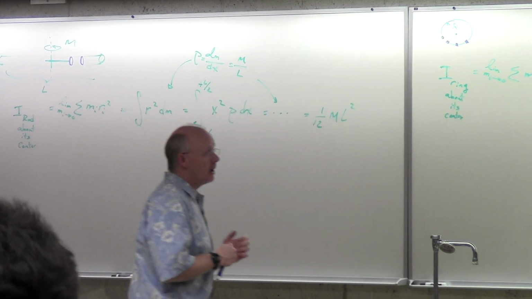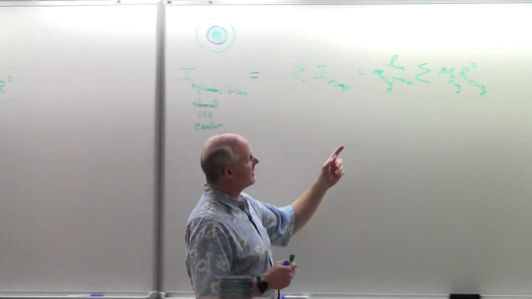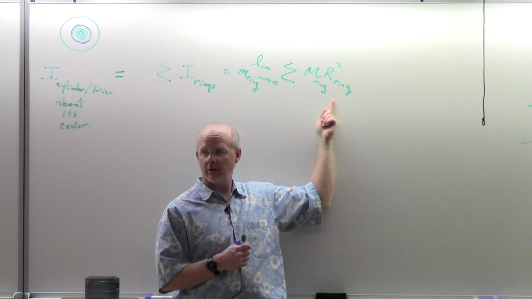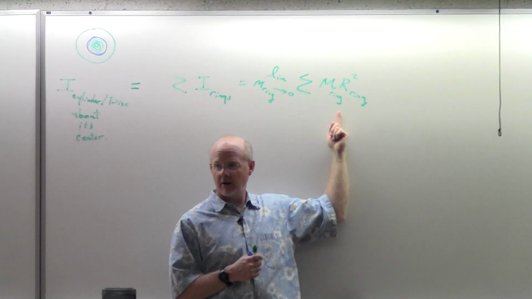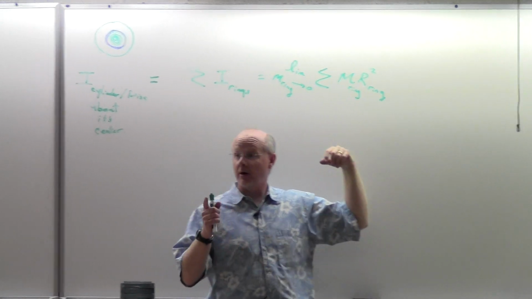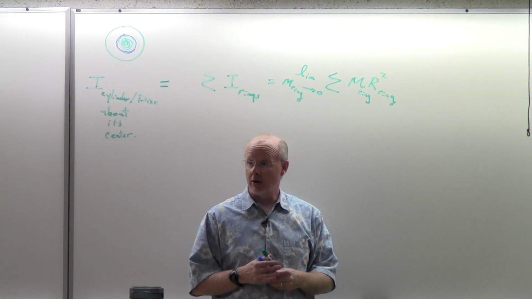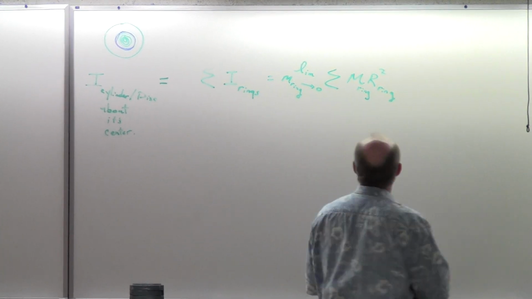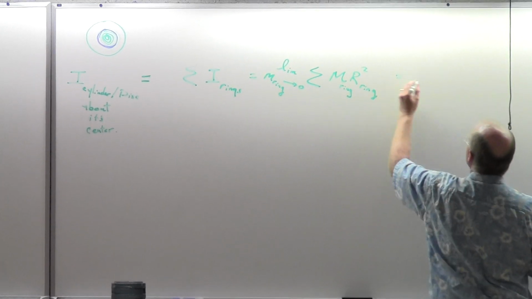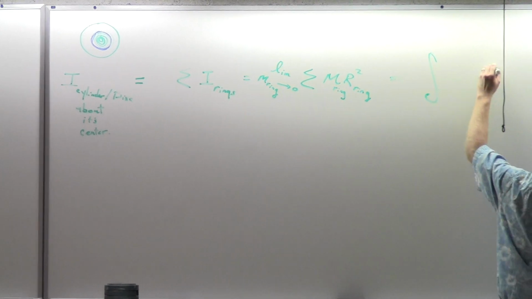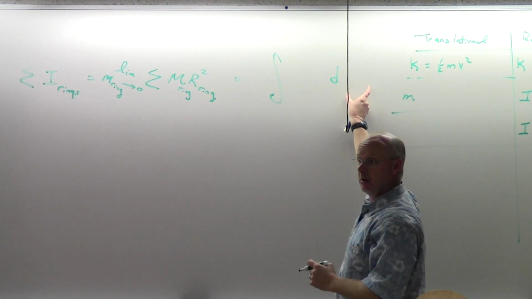Well, okay, I could say the thickness goes to zero, but what is that in this equation? Well, it corresponds to the mass, but why can't you just use thickness? Okay, but I guess because my next step is to say integral of d what? What do I put here?